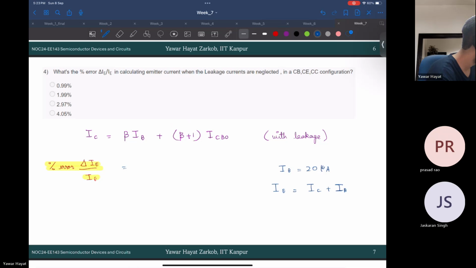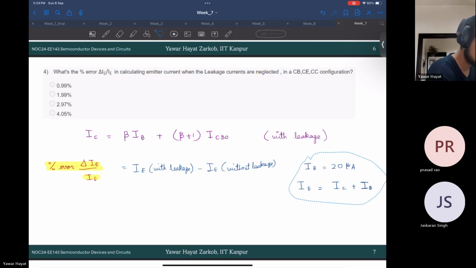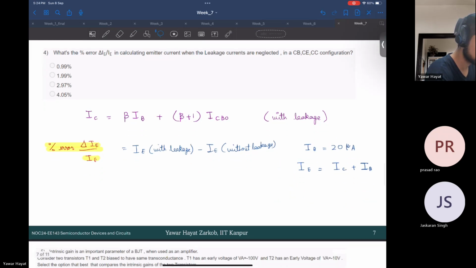This would be your IE with leakage minus IE without leakage, right?